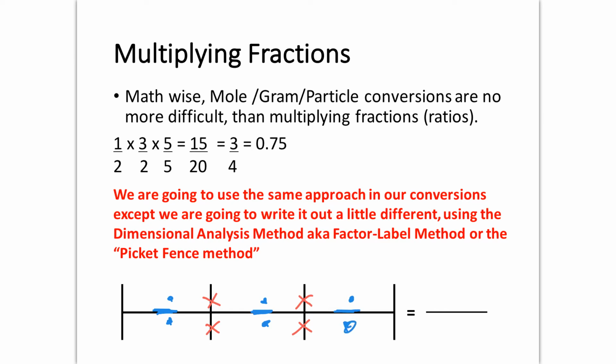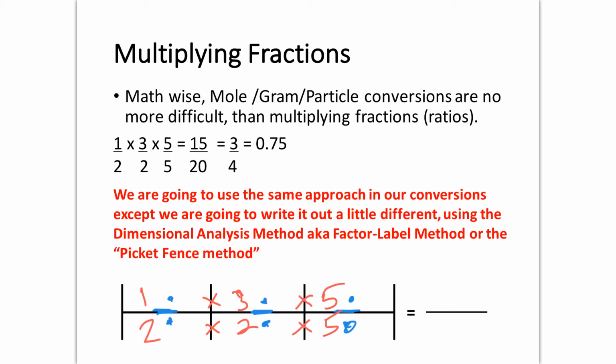So how do we do this, right? If I take the top ones again, 1 over 2, I put that in this box. Remember, this box here represents one of the ratios, or one fraction. So everything in this box is just one fraction. And then down here 3 over 2, and then 5 over 5. I did exactly the same as I did up here.